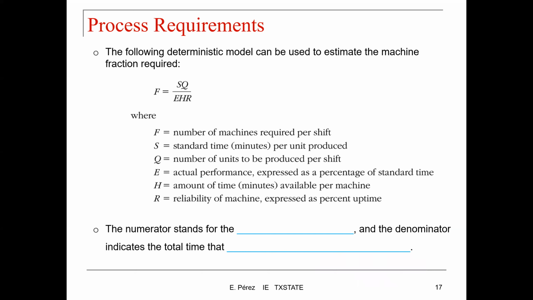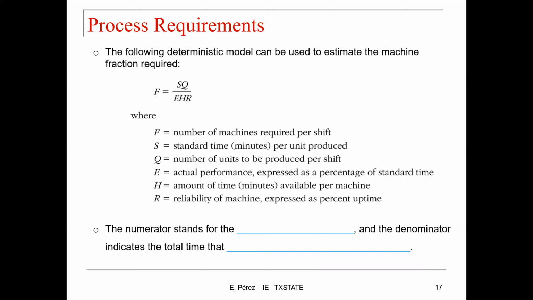The following deterministic model can be used to estimate the machine fraction required. Here we have the equation for computing the number of machines required per shift, which depends on the standard time in minutes per unit produced, which is S in this equation. Q is the number of units to be produced per shift.